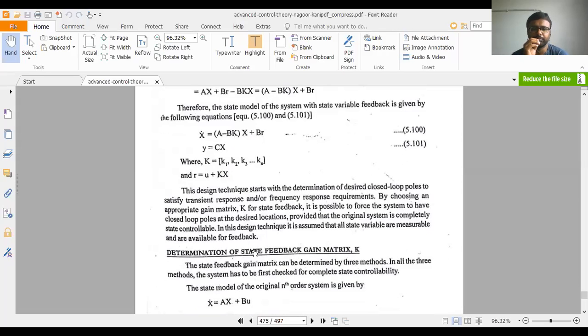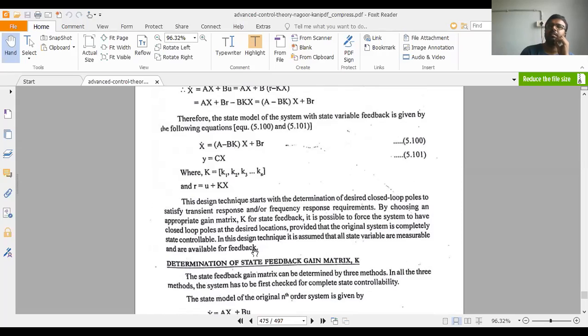These are the modified state equations obtained with the involvement of the state feedback gain, where K is called the state feedback gain matrix.